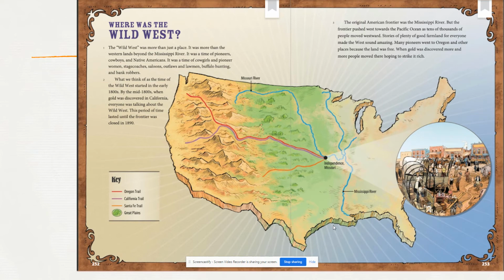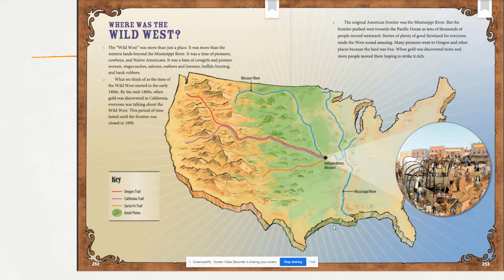The original American frontier was the Mississippi River, but the frontier pushed west towards the Pacific Ocean as tens of thousands of people moved westward. Stories of plenty of good farmland for everyone made the West sound amazing. Many pioneers went to Oregon and other places because the land was free. When gold was discovered, more and more people moved there hoping to strike it rich.